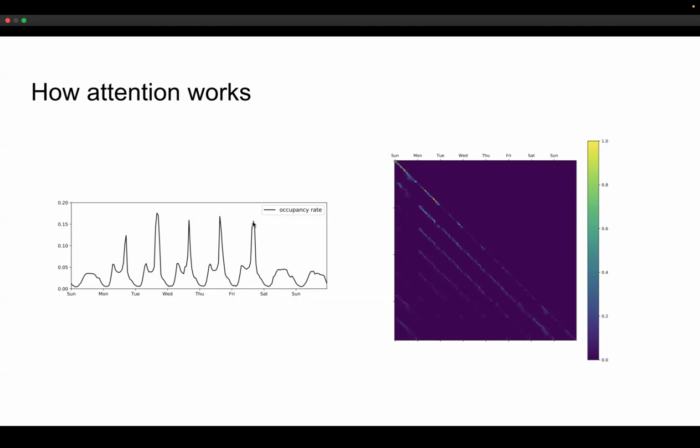So maybe this peak is attending to all the previous peaks, and the smaller peak here is attending to the previous smaller peaks. Because there's a strong domination of the recurring period of 24, you can see this recurring pattern in the attention map as well.